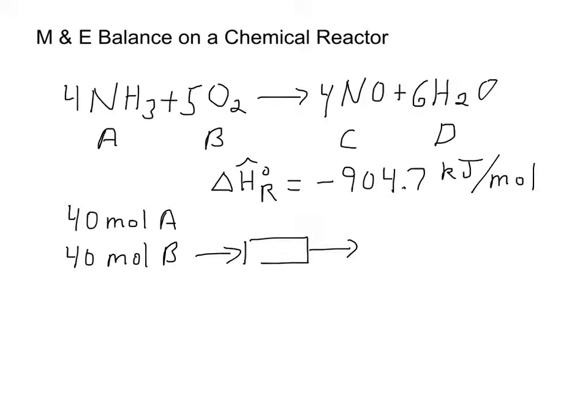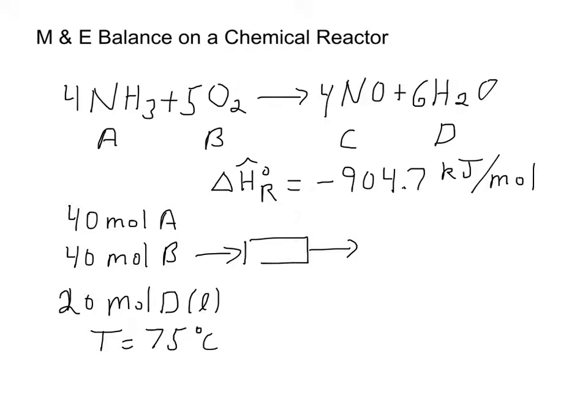And just to make life more interesting, we'll have 20 moles of water going in with this feed, and it will be liquid water because the temperature of the feed is only 75 degrees C.